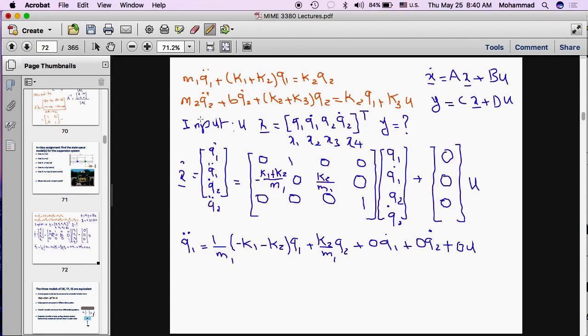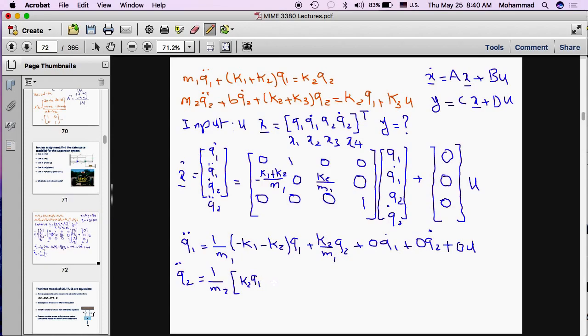The last thing we need to do is to go back to the second differential equation and find Q2 double dot. So Q2 double dot is equal to 1 over M2, and then we have to push everything to the other side. So we have 1 over M2, I'll make a bracket so I don't have to keep writing it. So what is multiplied by Q1 is K2, Q1.